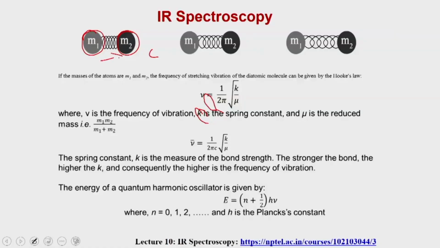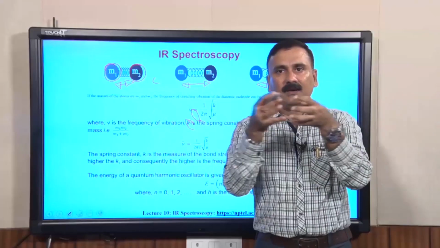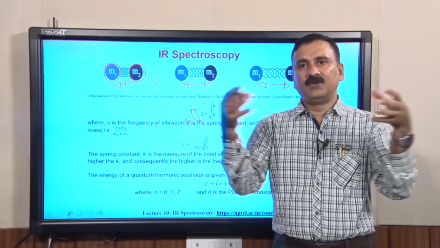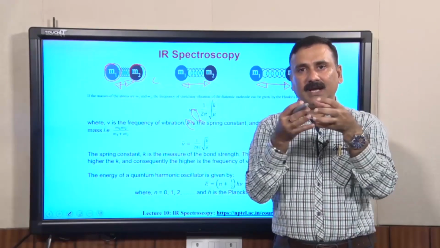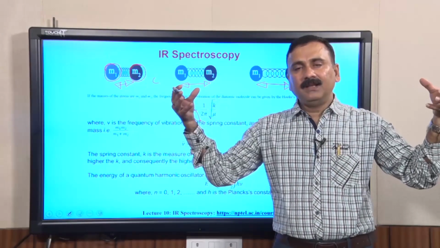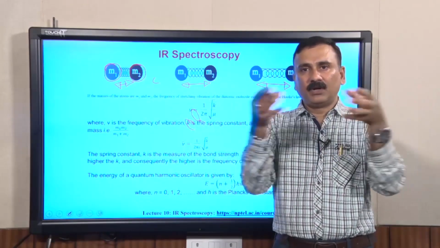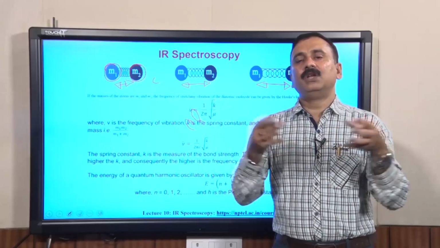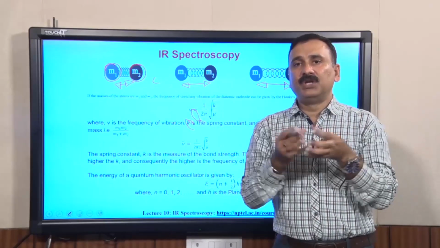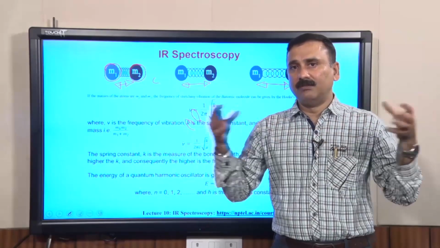When they are very close by, they can go far away. You can see that the spring is getting stretched, and then they can come together, because of the tensile strength. Because of this motion, there is some vibrational energy associated with this movement.